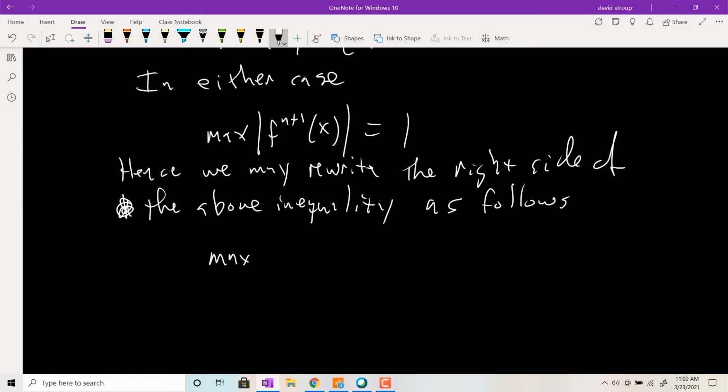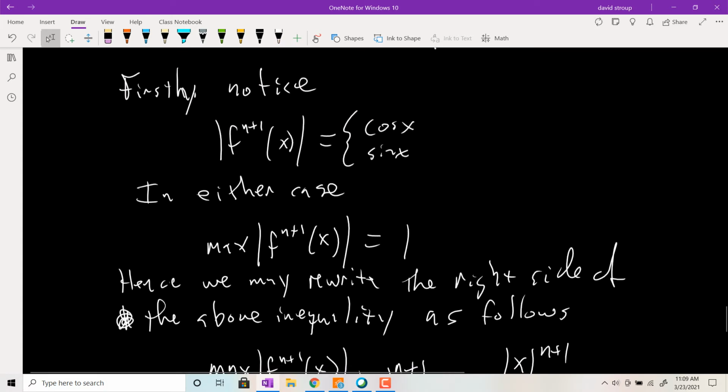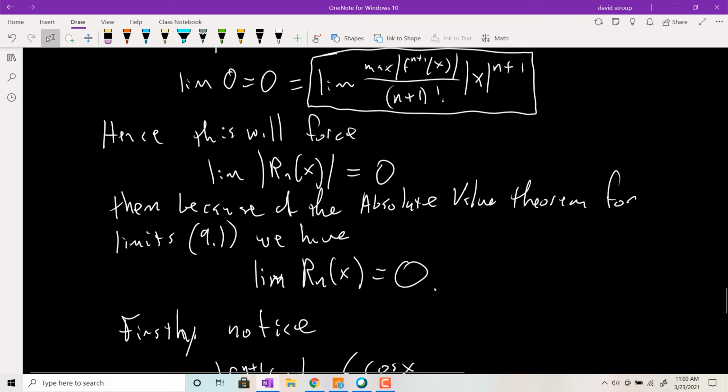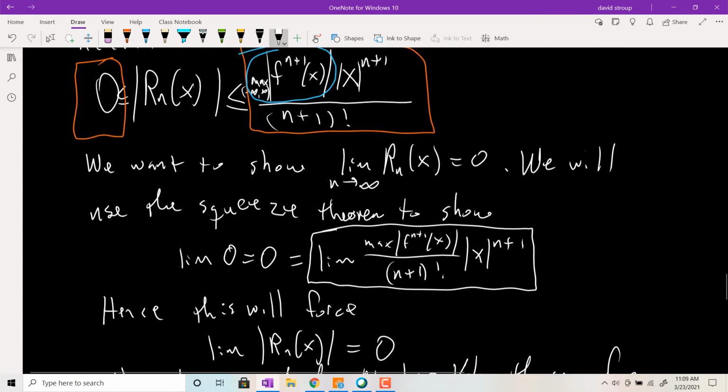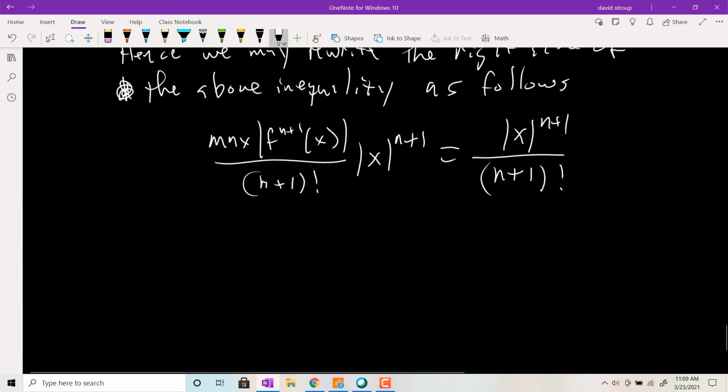We have the max of the absolute value of the n plus first derivative of x all over n plus 1 factorial times the absolute value of x to the n plus 1. We'll just rewrite that as absolute value of x to the n plus 1 all over n plus 1 factorial. Okay. And this is the thing we're trying to get the limit of. If we get the limit of that thing, that will be basically the limit of this thing in the red box up here. And we're hoping that's 0. I don't know if it is, but we're hoping.